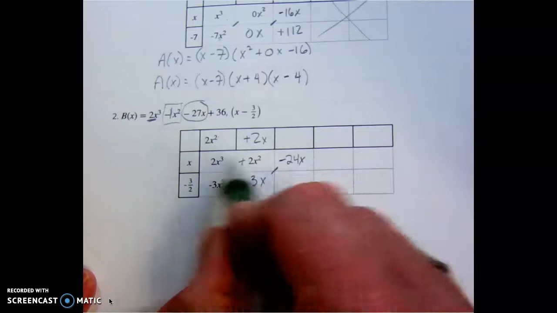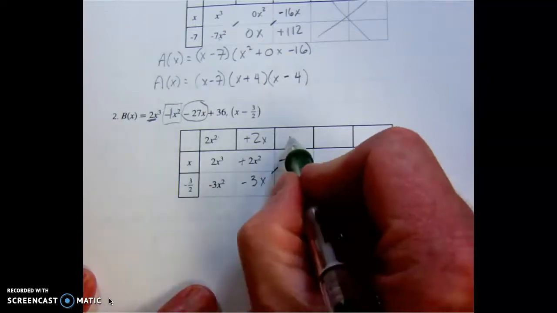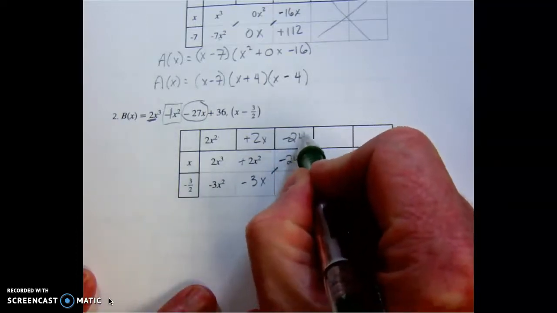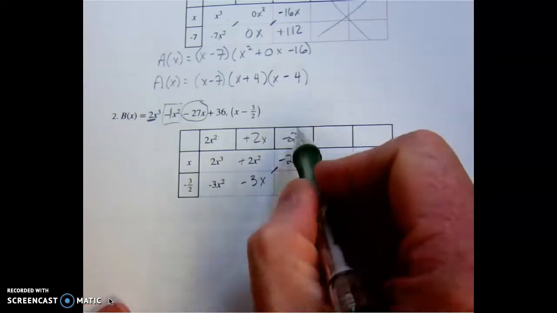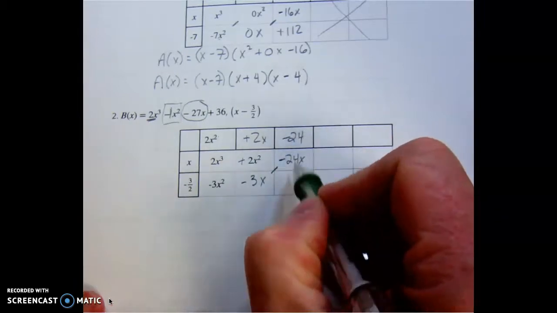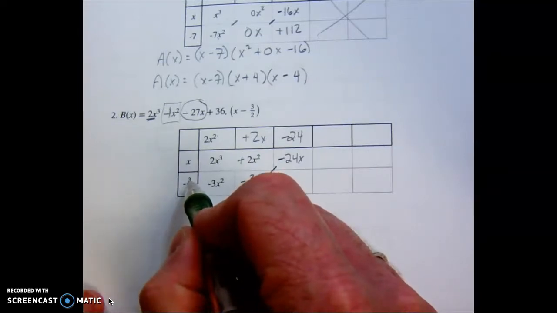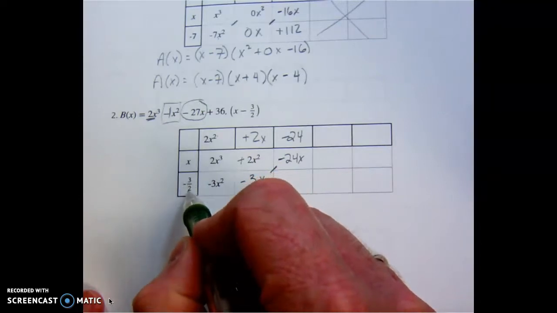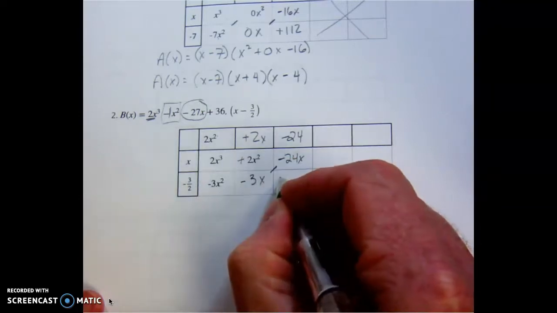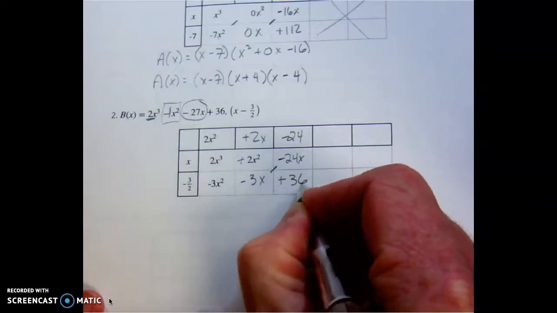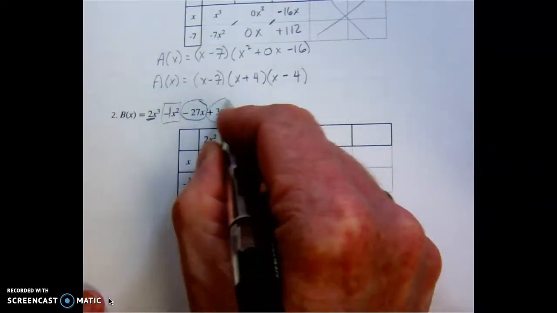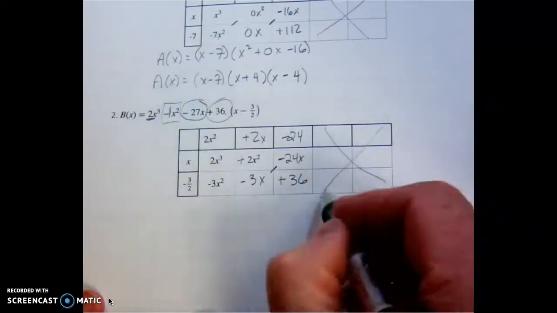So negative 24x divided by x gives me negative 24. Now I can multiply and get this next term. So negative 24 times negative 3 is positive 72, divided by 2 is positive 36, and there's my last term. So I don't need those.